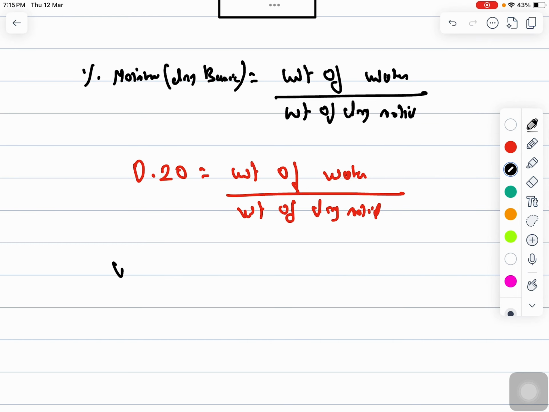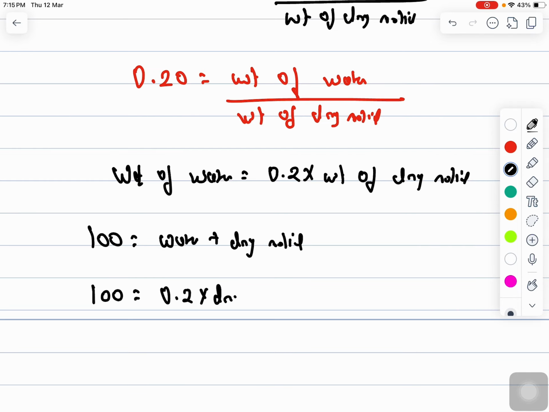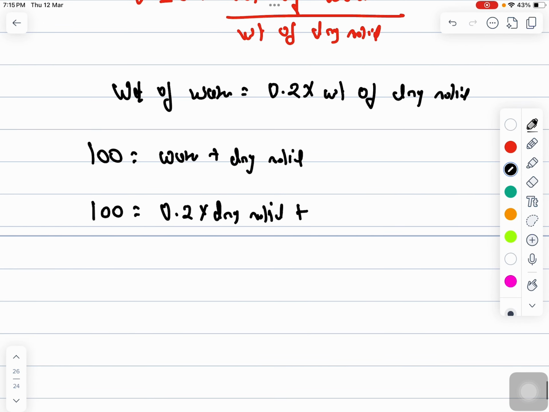Now what you can say here is that weight of water is equal to 0.2 multiplied by weight of dry solid. Total weight is 100 kg. So 100 will be equal to water plus, obviously, dry solid. That is 100 equals 0.2 into dry solid plus dry solid.